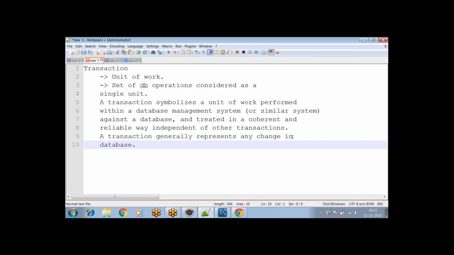So you may have several transactions executing. Each transaction should execute independently, should not affect the other transactions, and should not be overlapping.